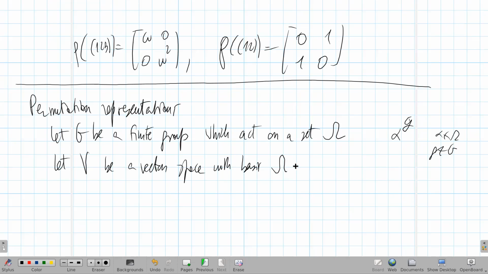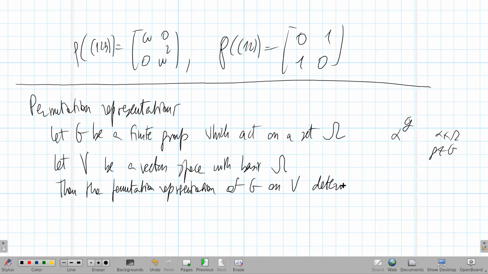Then the permutation representation of G on V, determined by the action, is simply given by alpha rho g equals alpha to the g. So remember, this is a vector space with basis omega. More about this in a second. So this alpha in omega is a basis element.